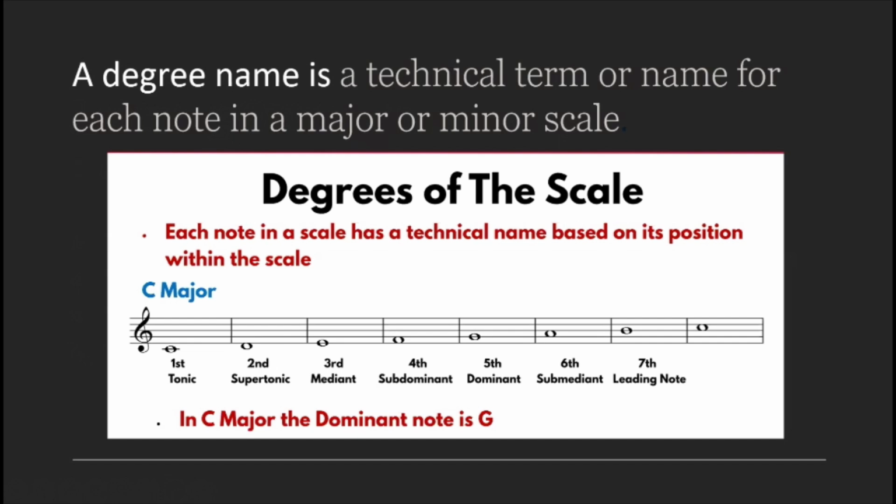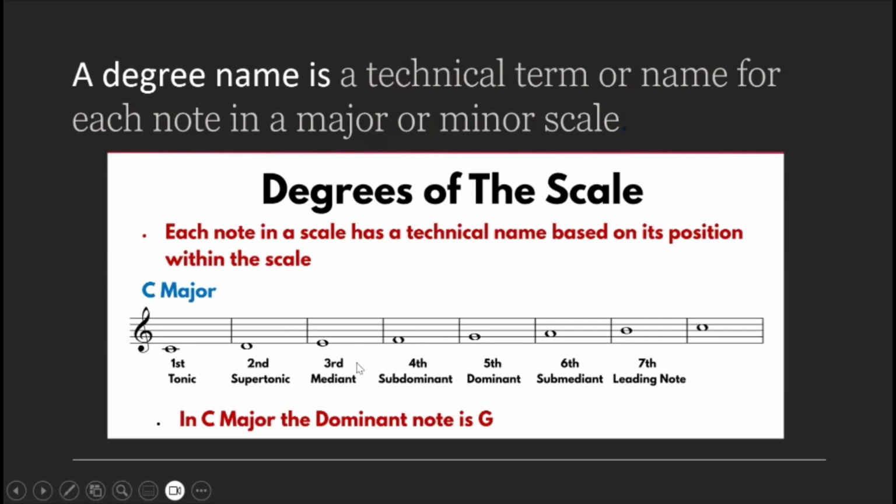We have a C major scale starting with C as our first note. The next note is D, followed by E, the third note, F, the fourth note, G, the fifth note, A, the sixth note, B, the seventh note, and C, the eighth note.